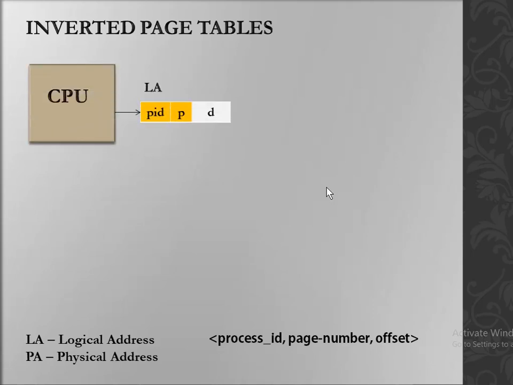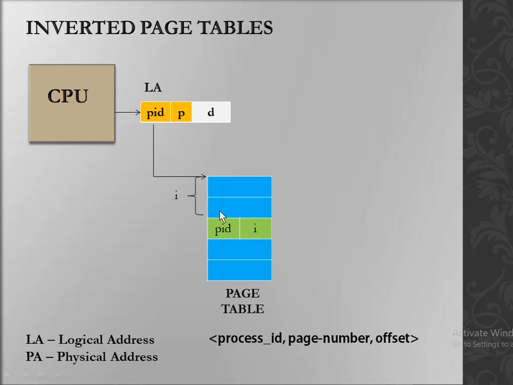Here, this logical address contains the process ID, the page number and the page offset. By using the process ID and P, you can identify the particular frame number or index, right?